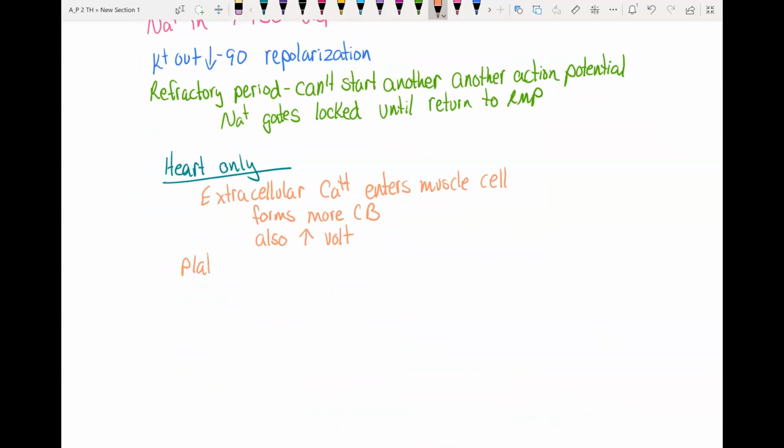During that plateau, you have calcium coming in and raising your voltage at the same time as you have potassium going out and lowering voltage. So you have one thing raising voltage and another thing lowering voltage at the same time, and they counteract each other.